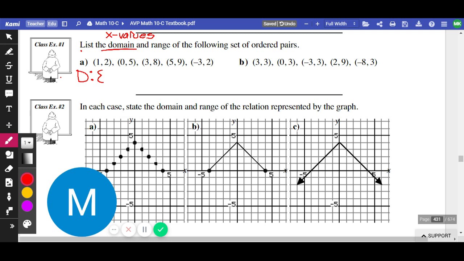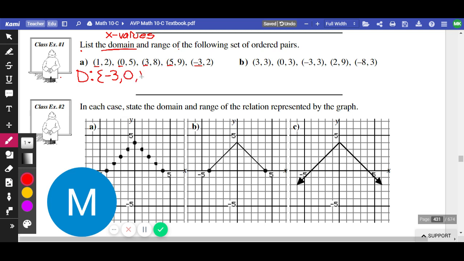I just list out all my possible x values from smallest to greatest. So if I'm looking at ordered pairs, x values are my first numbers. I order them from smallest to largest. My smallest x value is -3. My next smallest x value is 0.